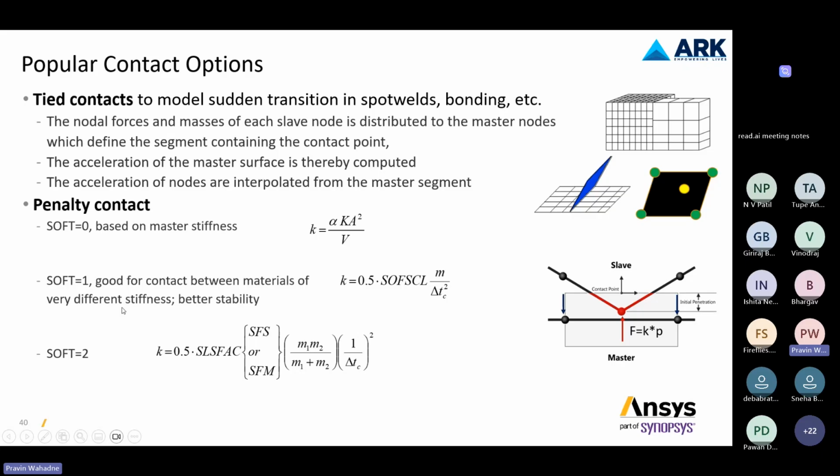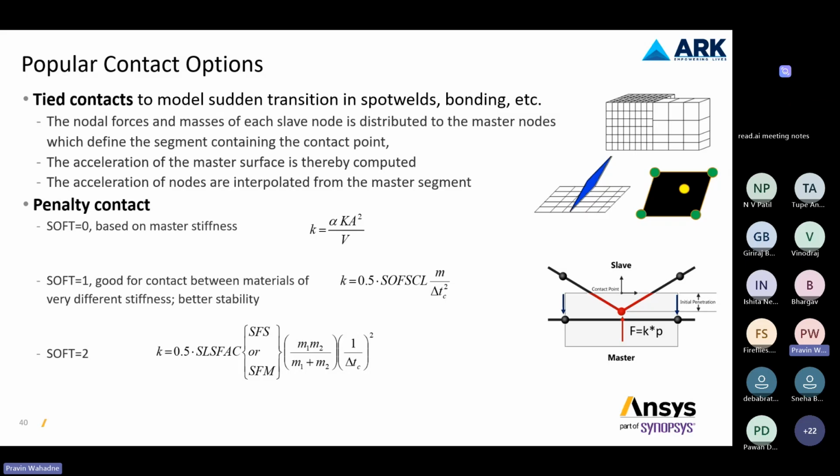Penalty contact, like I said earlier, has three techniques: soft zero, soft one, and soft two. Soft zero is used where generally the master stiffness comes into the picture. Soft one is used for contact between materials of very different stiffnesses, which gives you simulation stability.